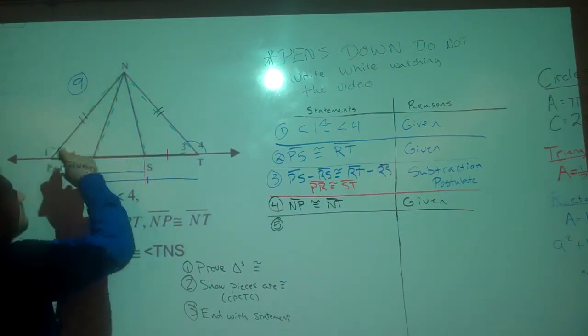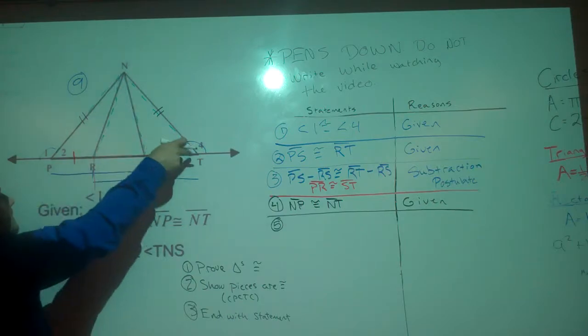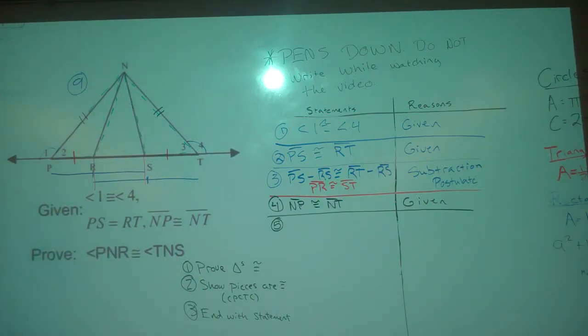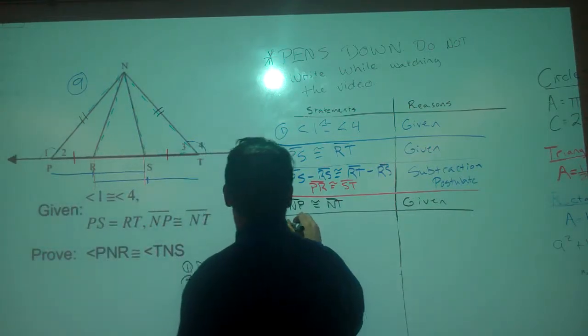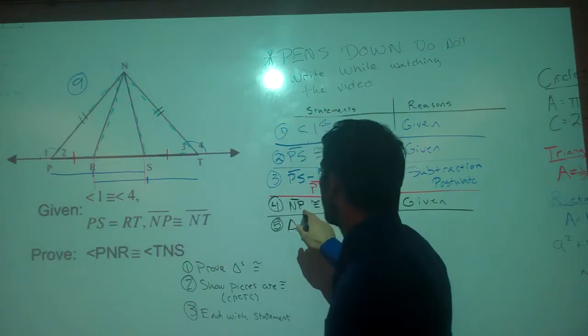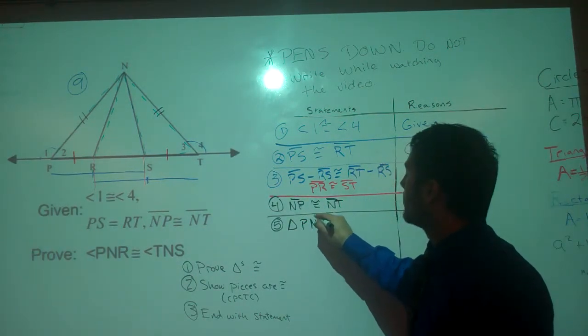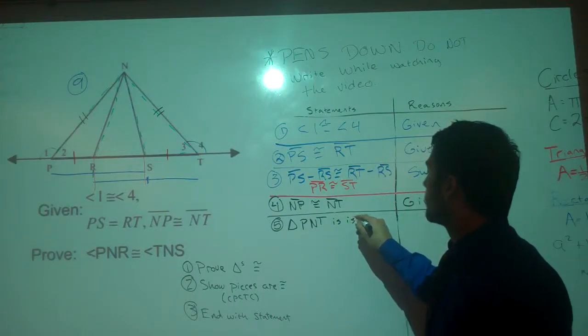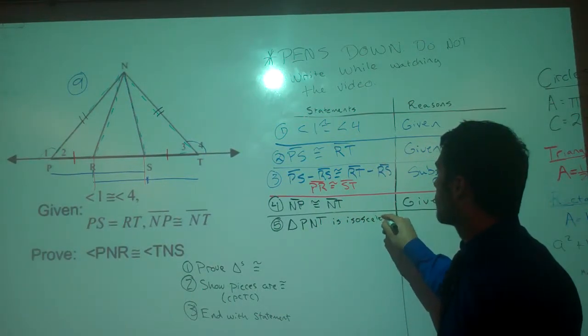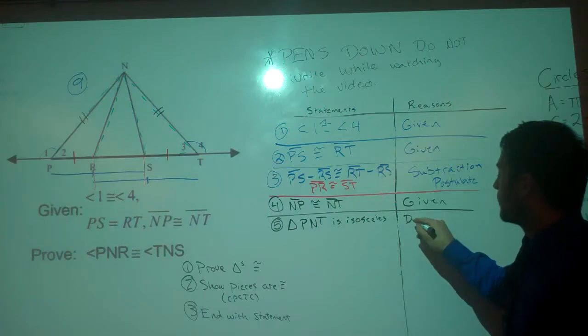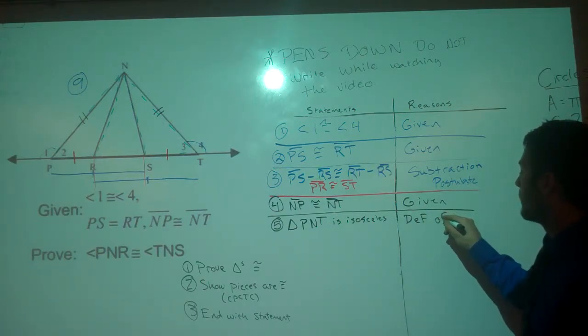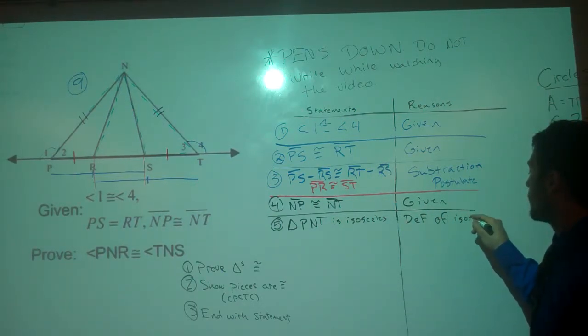Side PN is the same as side NT. If you have a triangle with two sides that are congruent, it is an isosceles triangle. I'm going to say, because I have the two sides that are the same, the triangle PNT is isosceles. This is the definition of isosceles, that you have two sides that are the same as each other.